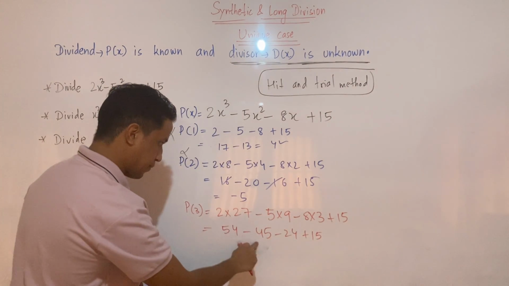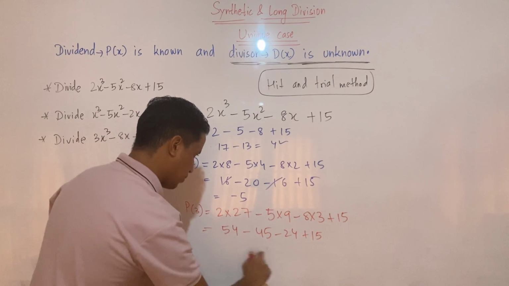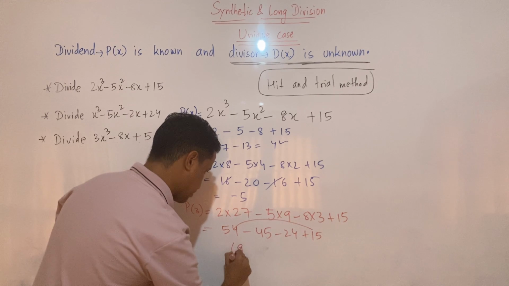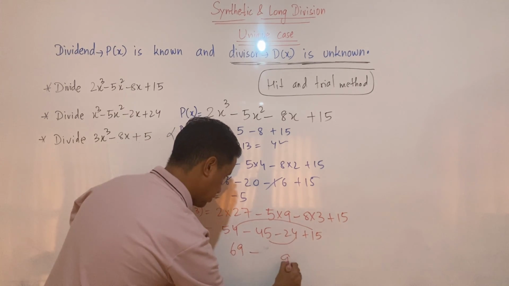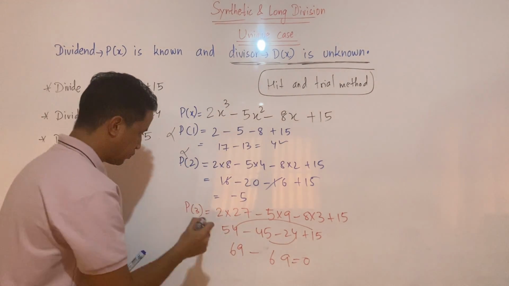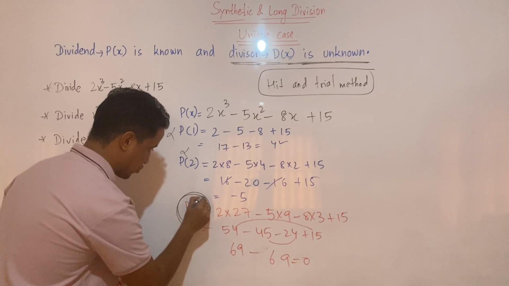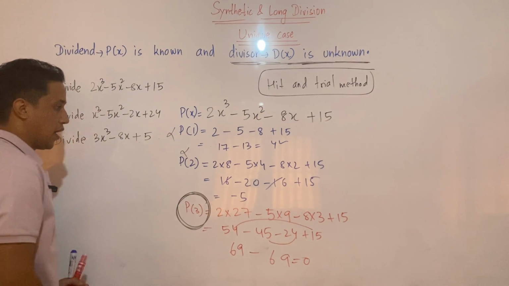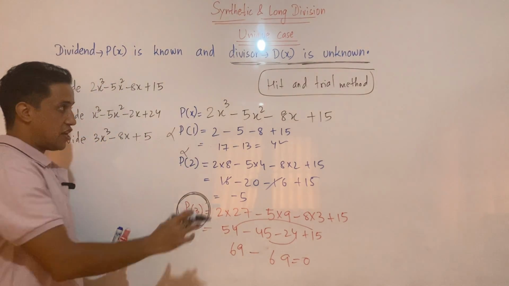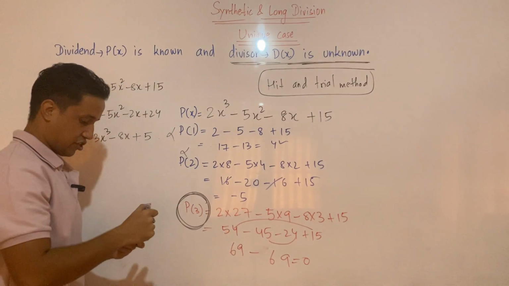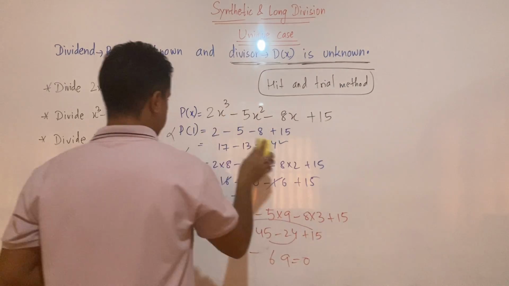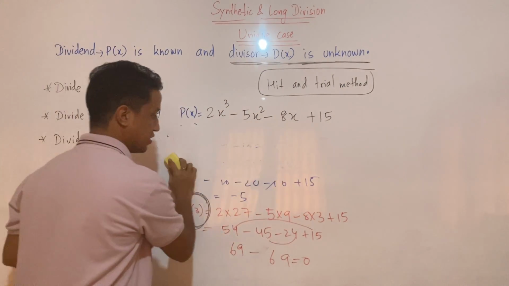Now combine the negative ones and the positive ones: 69 minus 69 is 0. Wow. So this is going to be the possibility. When I put x equals 3, the value of the whole expression is 0, right? The other possibilities have been ruled out.